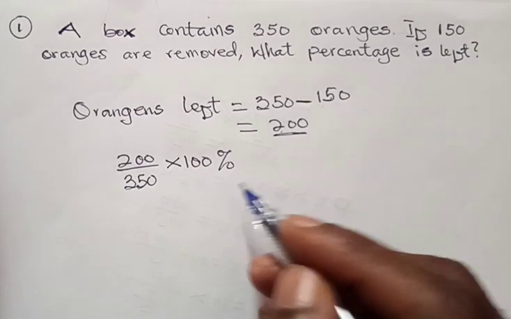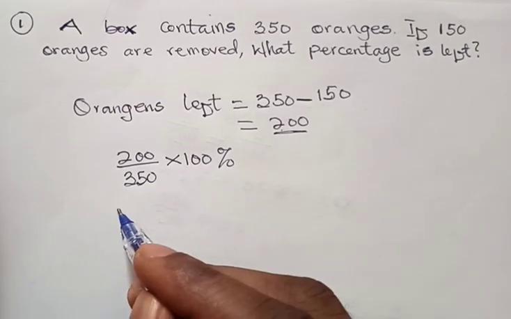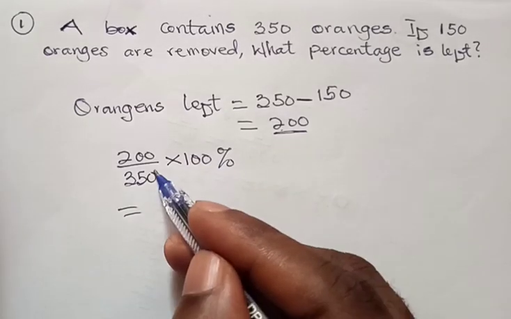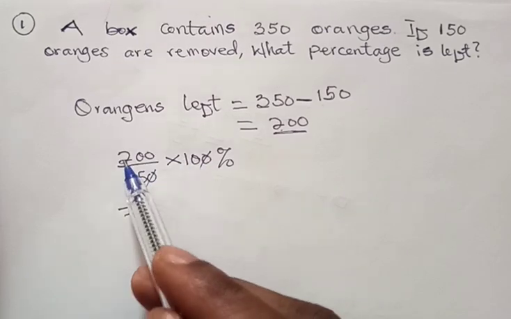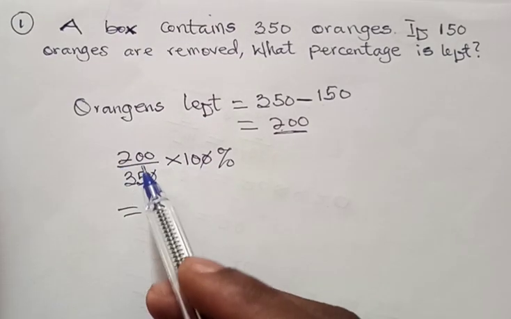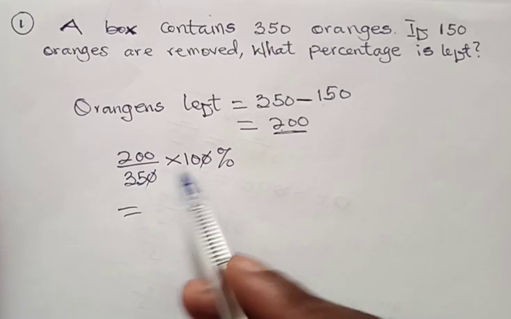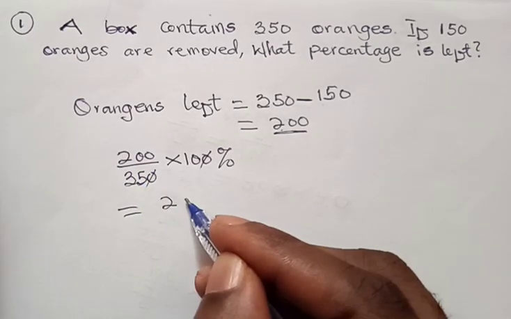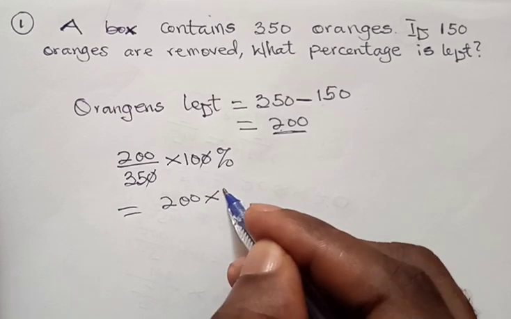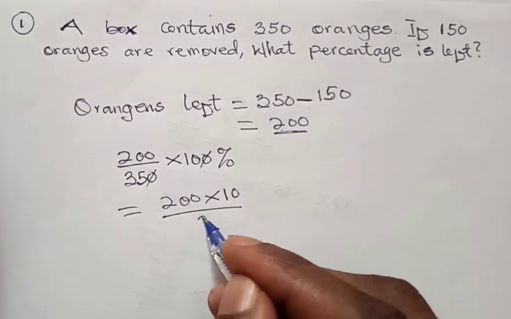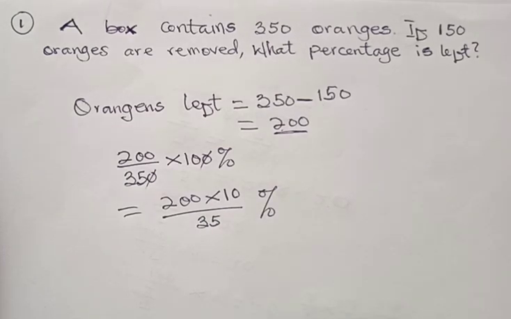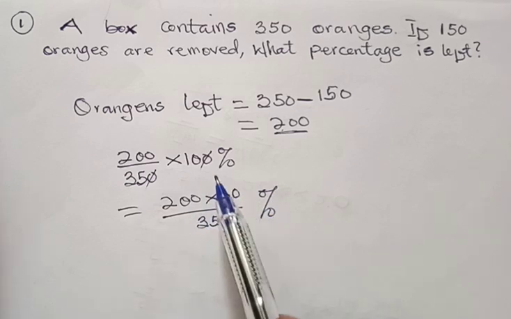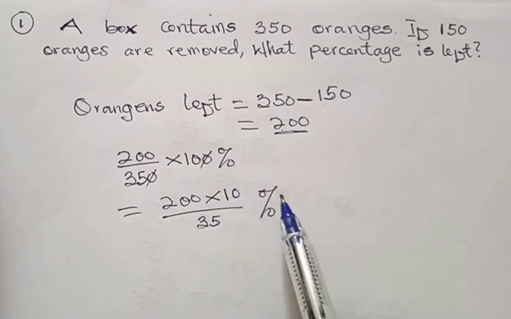Since we have 0 here, I can cross this 0, leaving 10 here, and then we have 200. So it means that we are going to multiply 200 by 10 divided by 35. So this time we have 200 times 10, all divided by 35, and then all in percentage. I normally bring this percentage because most students, after calculating all this, forget to add the percentage.